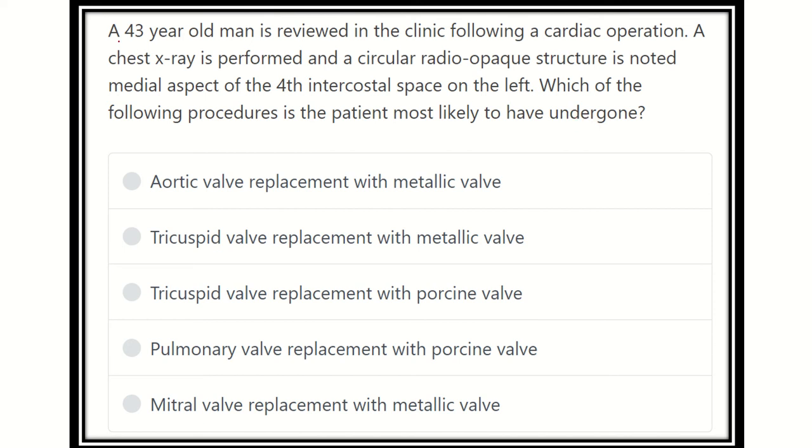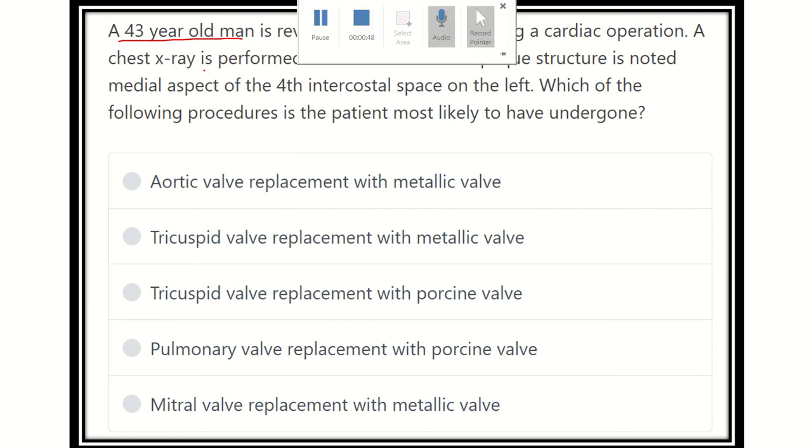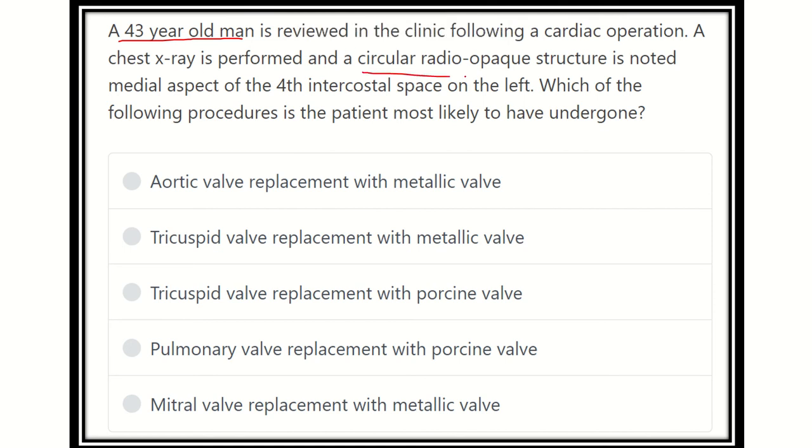So here a 43 years old man is reviewed in the clinic following a cardiac operation, that means the operation was done before, and he now presents for a regular checkup. A chest X-ray is performed and a circular radio-opaque structure. So this point is important.